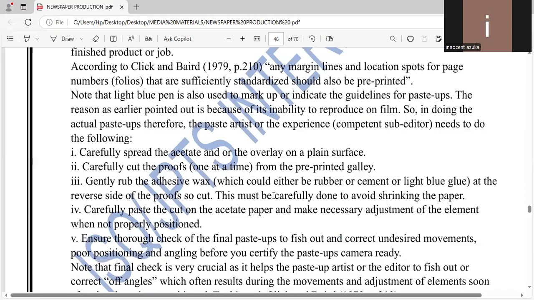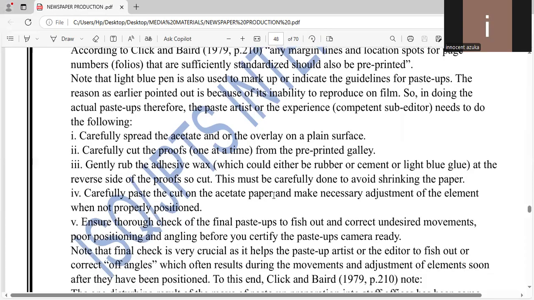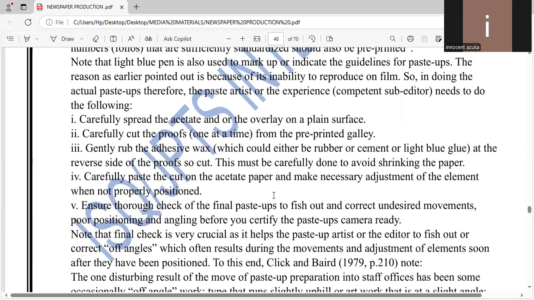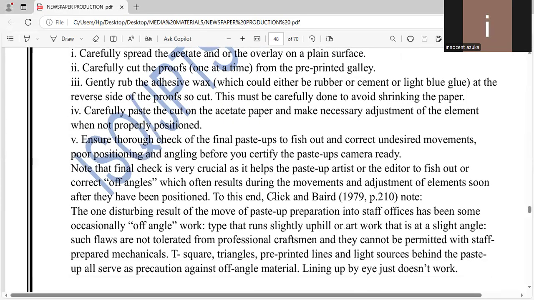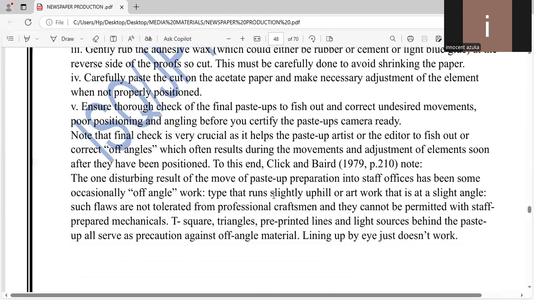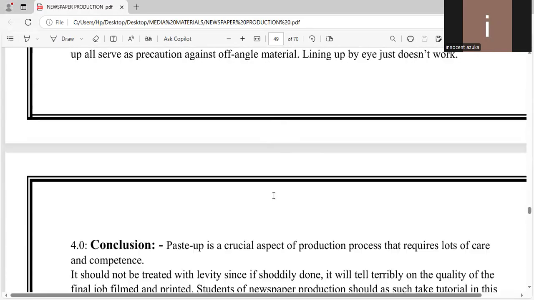Carefully spread and ascertain the overlay on a plain surface. Carefully cut the proofs one at a time. Gently rub the pre-printed, carefully paste, and ensure a thorough check of the final paste to fish out and correct undesired effects and poor positioning, and fully certify the paste up camera ready.